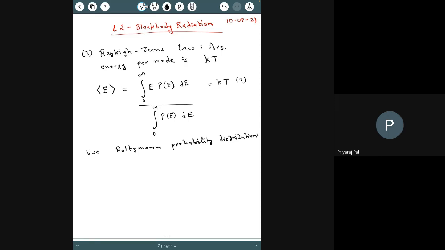The energy distribution for a given temperature is only the Boltzmann probability distribution. It's not anything else.